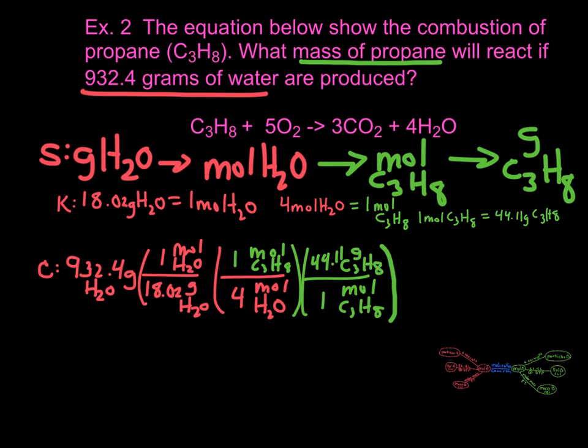Now on our calculator, we take 932.4 divided by 18.02 divided by 4 times 44.11. And when we do this, we get an answer of 570.59 on our calculator, but we can only keep 4 sig figs, so we round to 570.6 grams of propane.